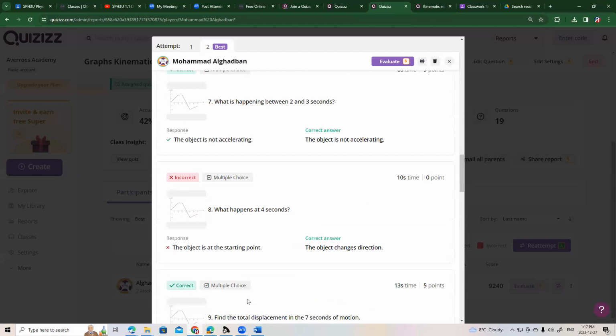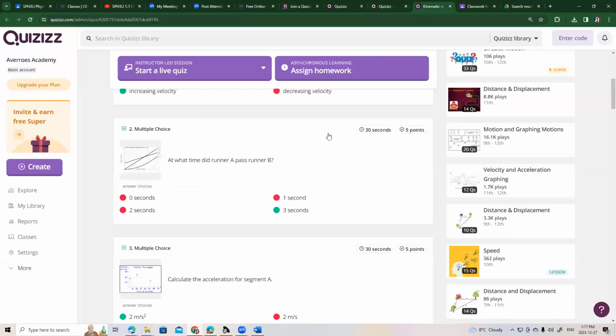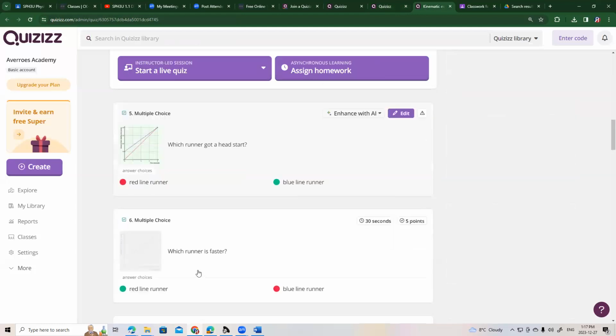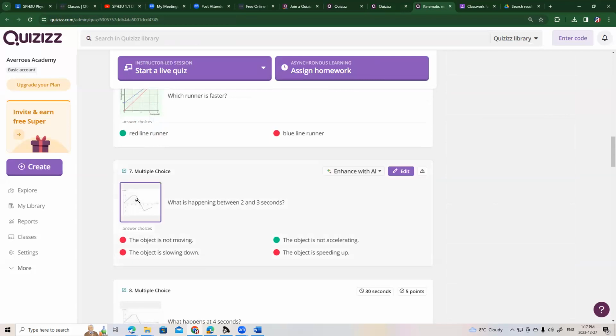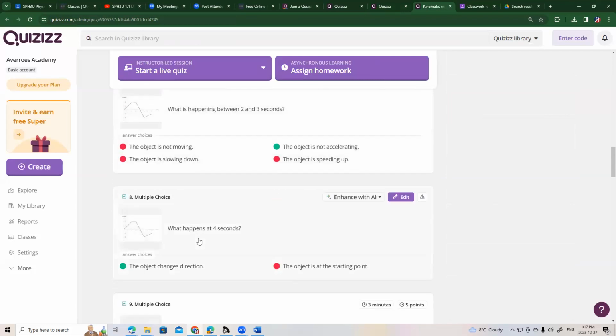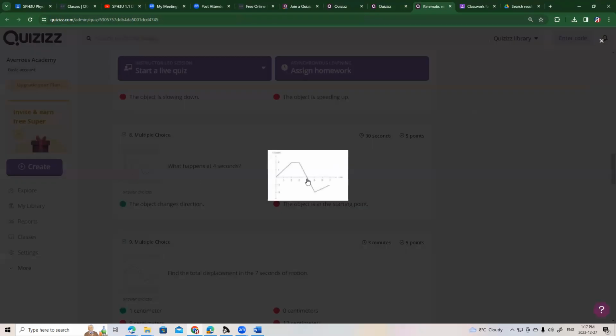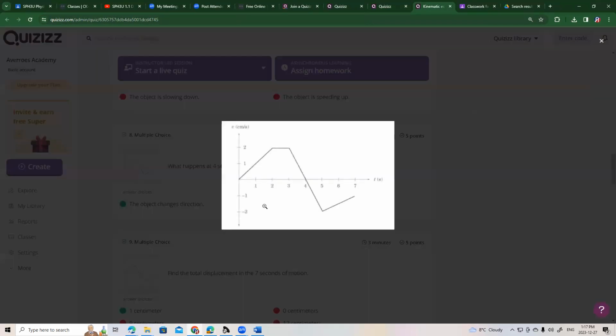Okay, this is correct. At 4 seconds, it changes direction. Okay, so what is 4 seconds? Changes direction. So velocity here is negative and here velocity is rise over run.